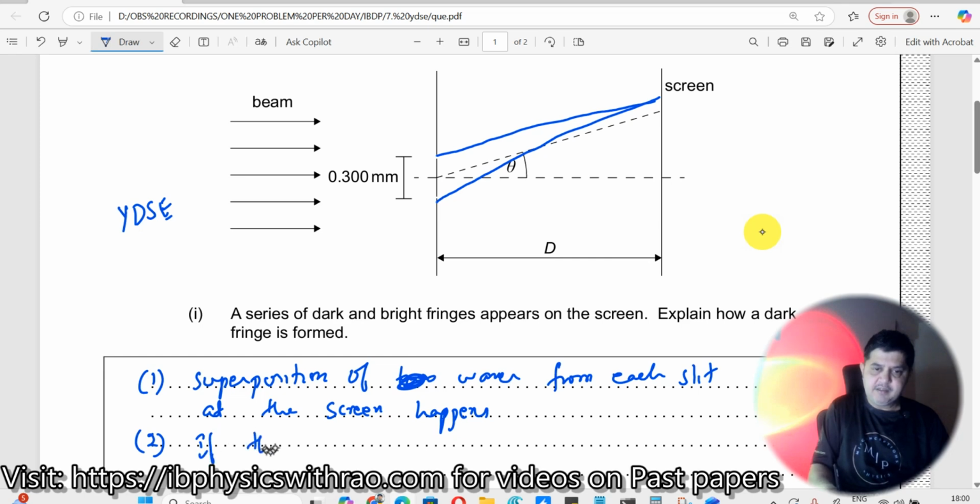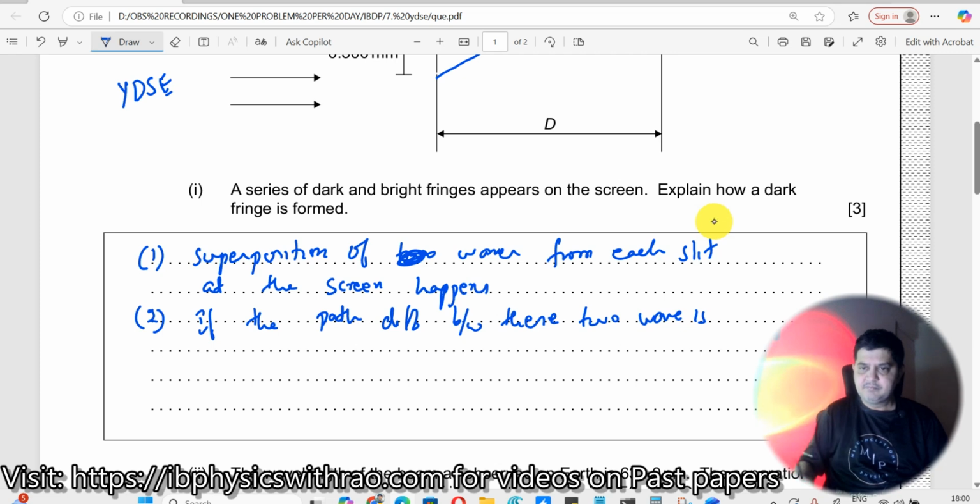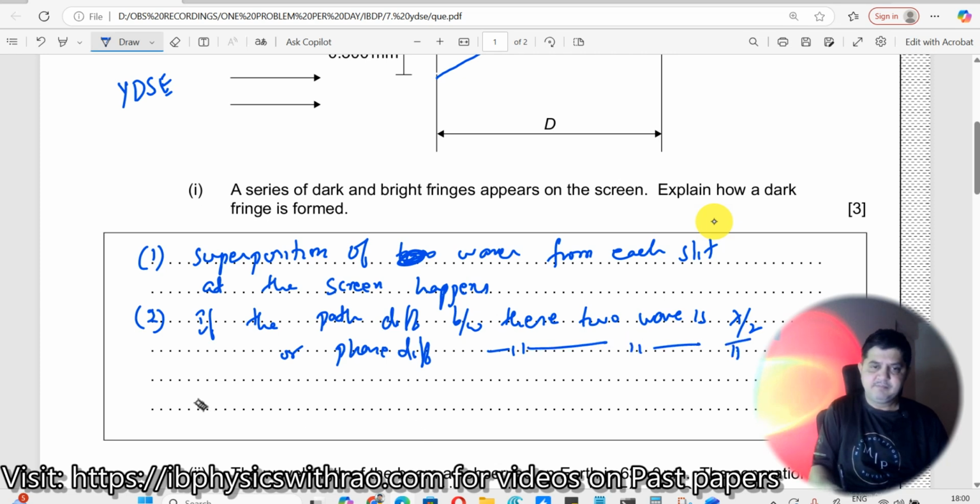Then the second mark: if the path difference between these two waves is lambda by 2, you can either write path difference or you can also write phase difference between these two waves is pi. Then what will happen?